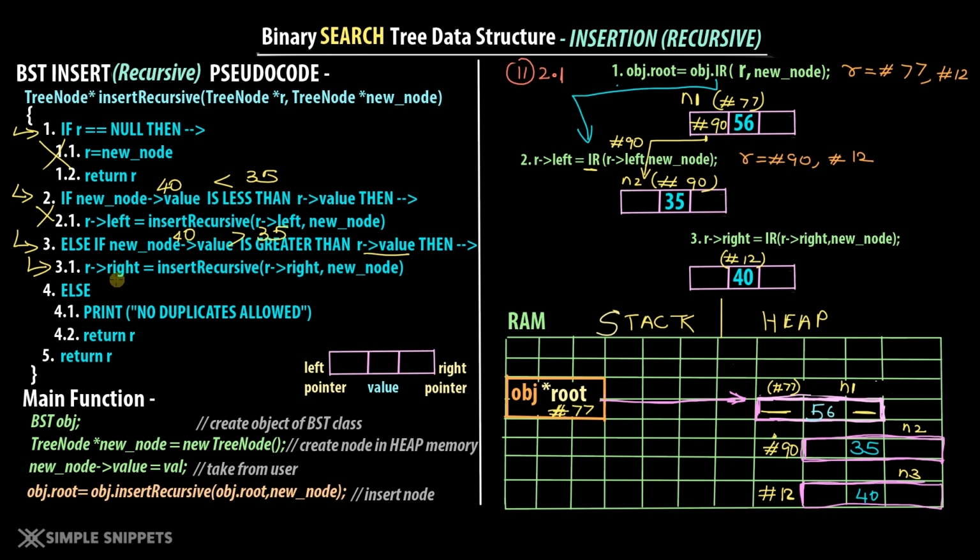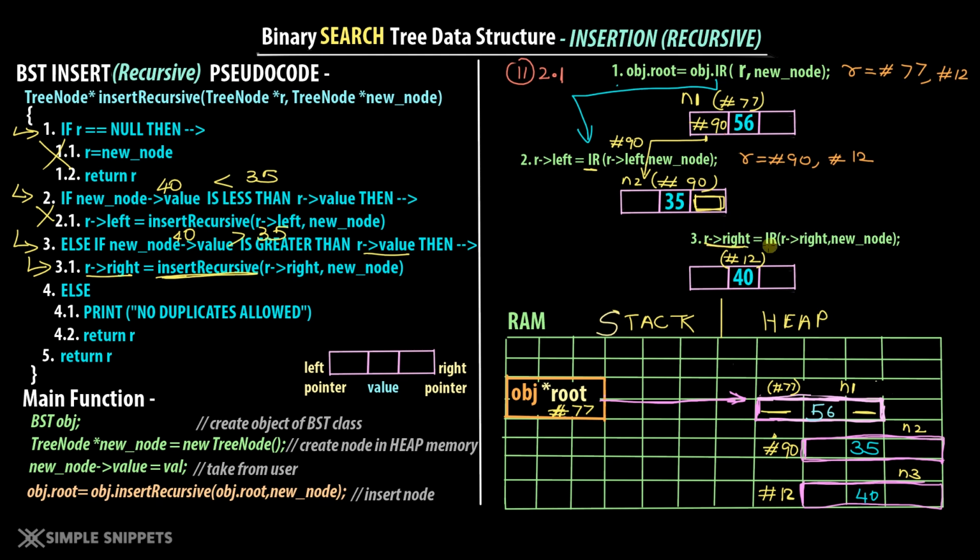So now we will say r of right. r is hash 90 in the second recursive call, so now we are giving a third recursive call. Hash 90 is nothing but n2, and when you say r of right, it means n2's right. n2's right is blank. So that is what is there on the LHS.